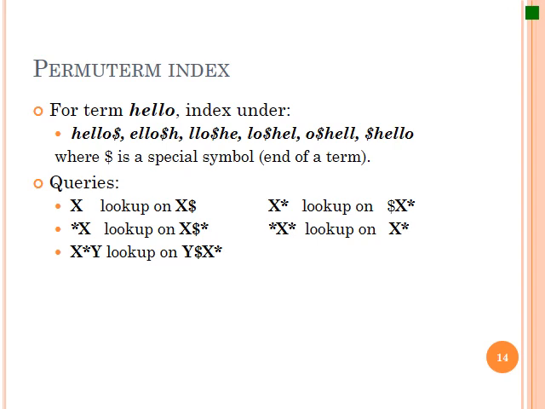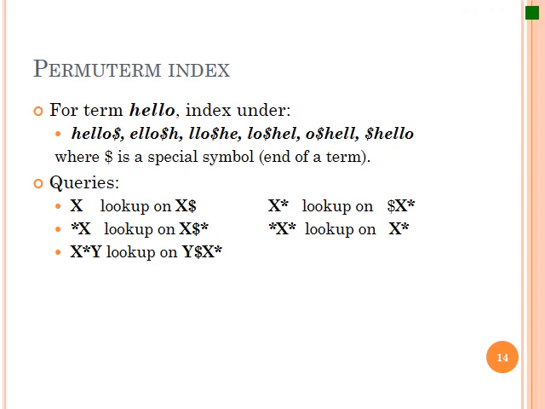Suppose that you have a term hello. When you index all your terms in the dictionary, you have the surface form of these terms. In the permuterm index, you don't just index this term once, but you index all the variants of this term by rotating the characters within the term. Here's how you do it. You index this term hello under hello$, where dollar is a special symbol that indicates the end of a term.